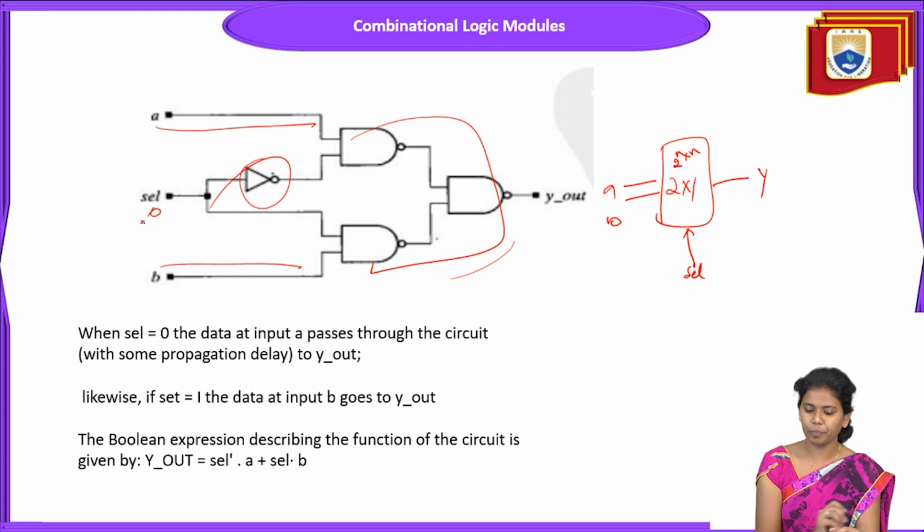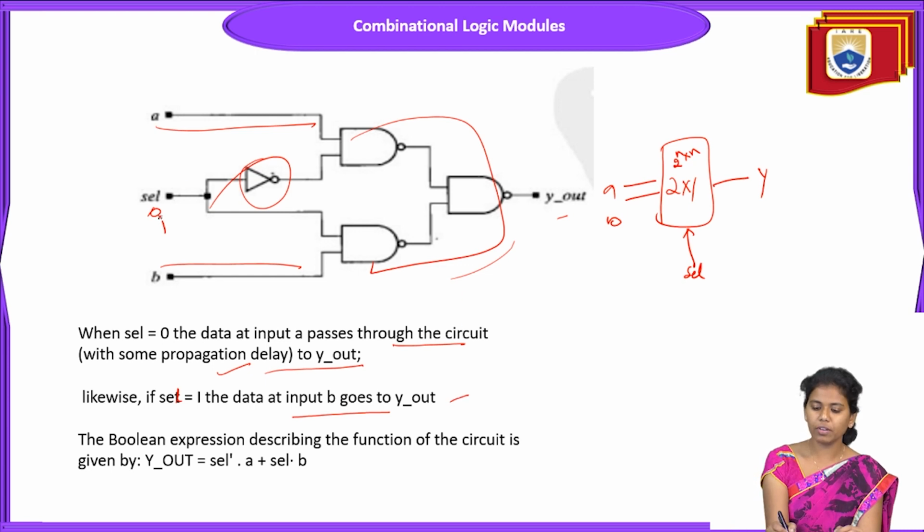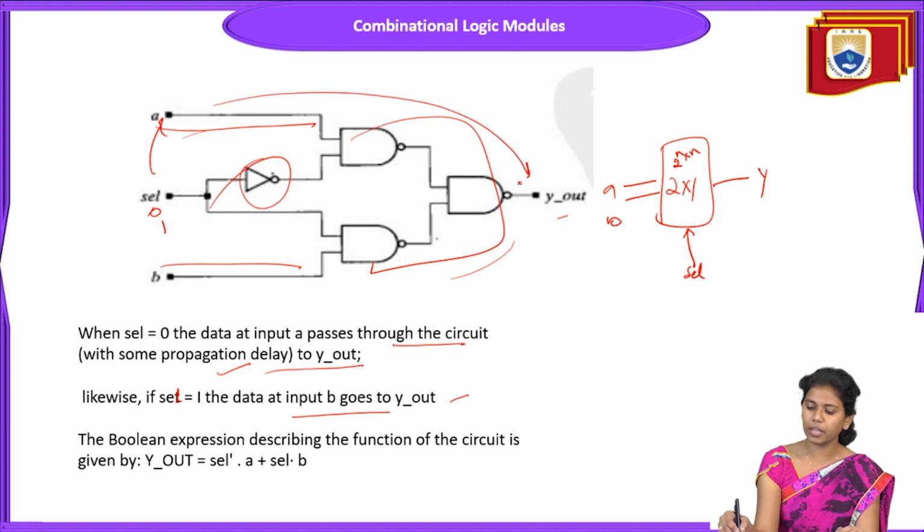When the selection line is 0, what happens? The data at the input passes through the circuit and the output Y is observed with some propagation delay. Likewise, if the selection line is equal to 1, then the data at input B goes to Y. So when the selection line is 0, this gate initiates the mechanism and we observe the output at Y with respect to selection line 0.